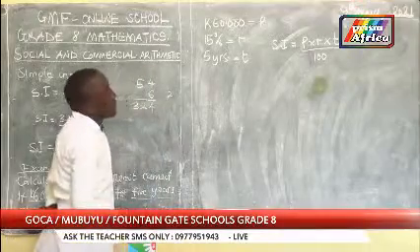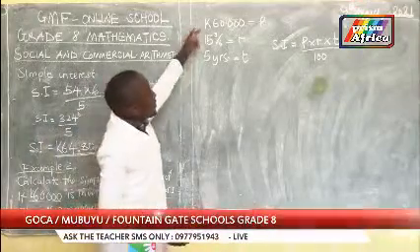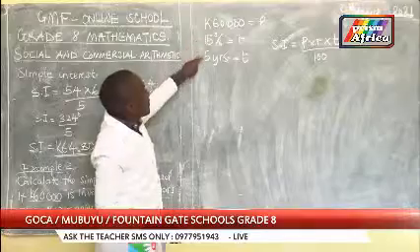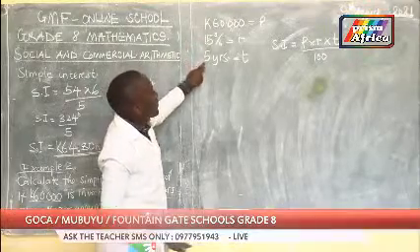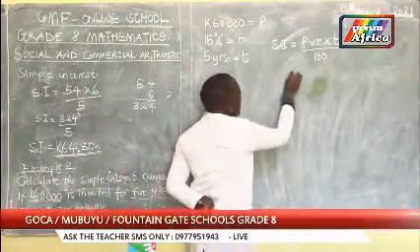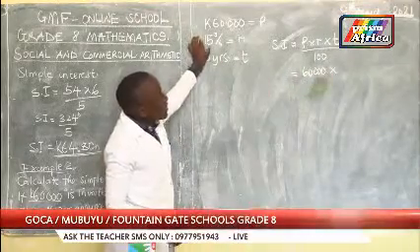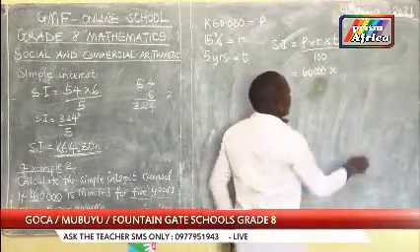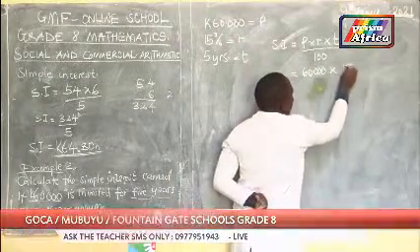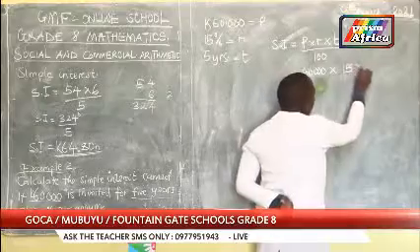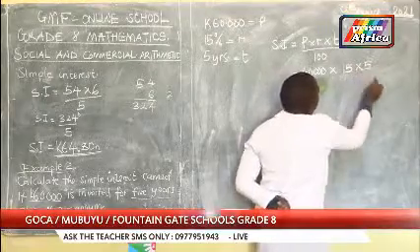So the principal amount is 60,000, then the rate is 15, then the time we have is 5. So we place the 15 on R, multiplied by 5.